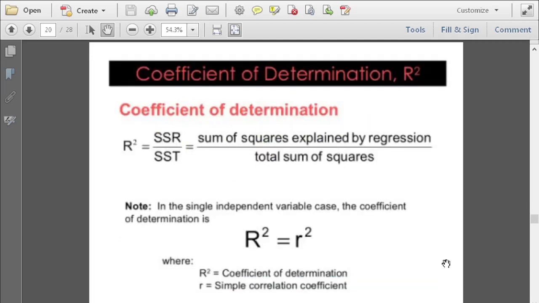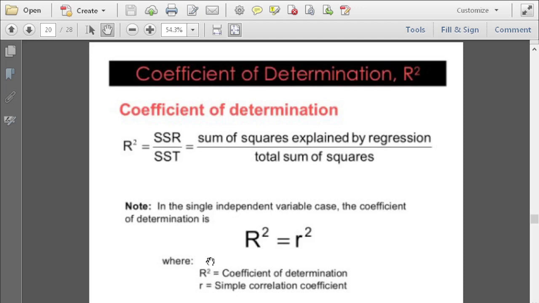So we have here another concept. This is what we call the coefficient of determination, or the R squared. The coefficient of determination is equal to SSR over SST, which is the sum of squares explained by regression over the total sum of squares. So, in a single independent variable case, the coefficient of determination, capital R squared, is just equal to small r squared.